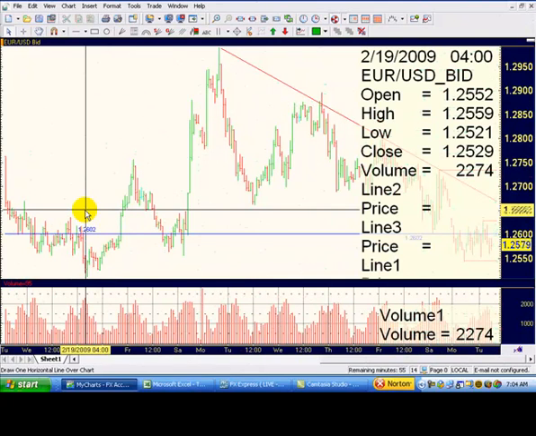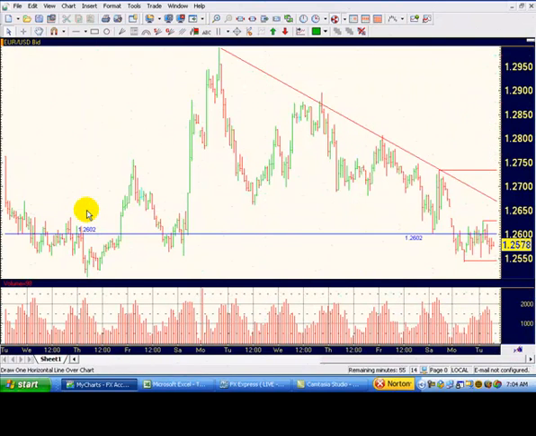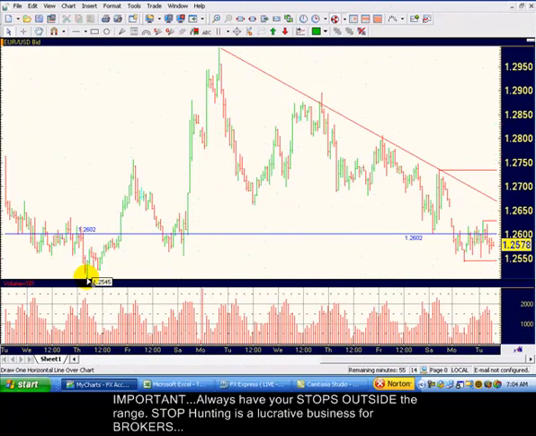Now the low point there on that chart, look at the right hand side, the low is 125.12. So I want my stop outside that low because it's going to be outside the range. Anywhere above that, we may get tagged out. We want to keep our trade safe. Right, so 125.12 is the lowest point there.